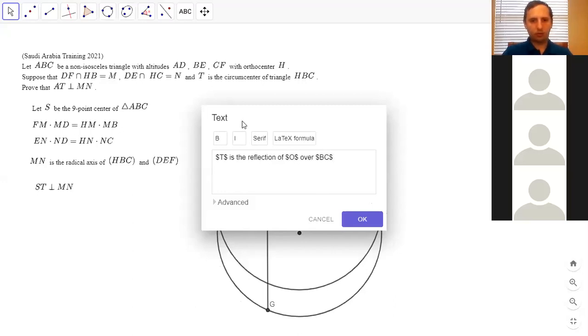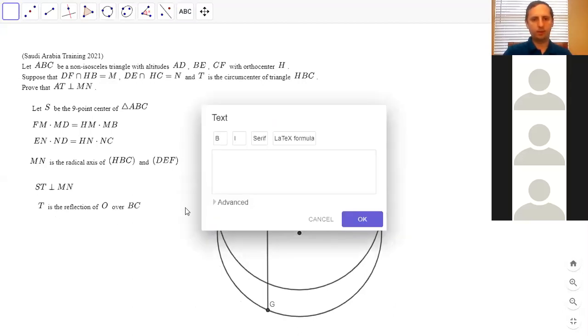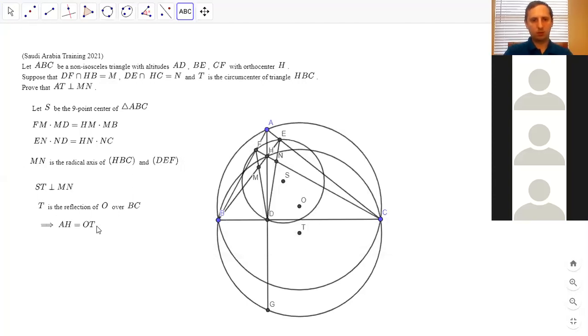So that implies that AH equals OT. And so that means AHTO is a parallelogram. So since S is the midpoint of OH, it's the midpoint of AT.